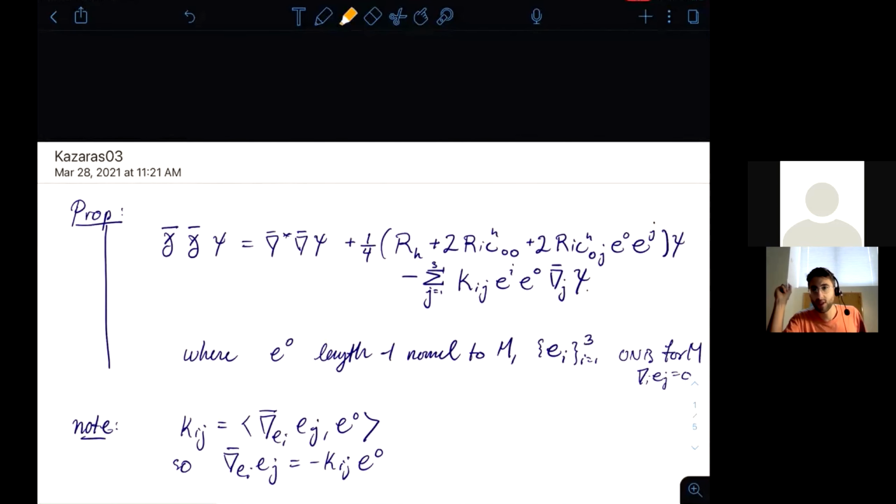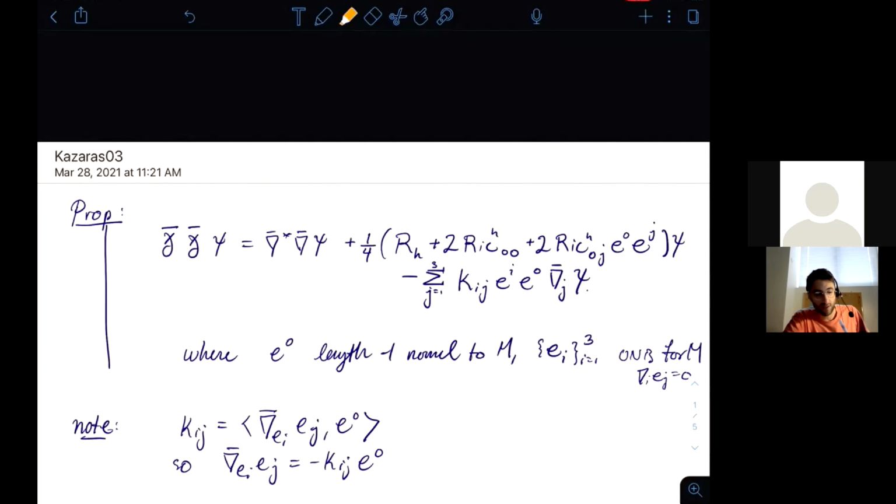This type of formula is called a Weitzenböck or Lichnerowicz or Bochner type formula, where you square a Dirac operator and compare it to its rough Laplacian. So let us begin.